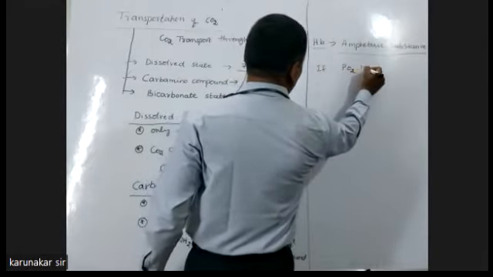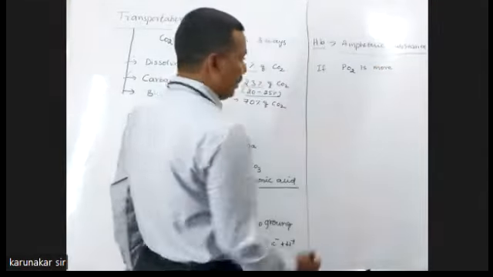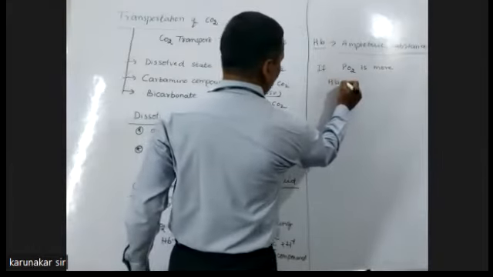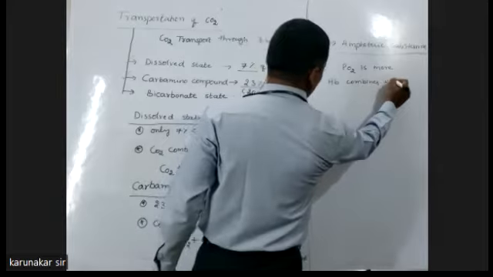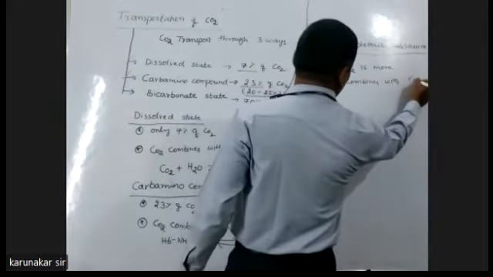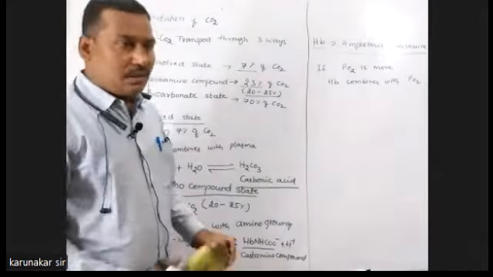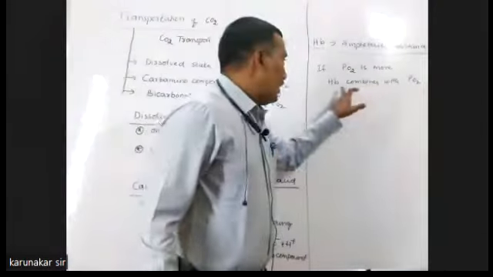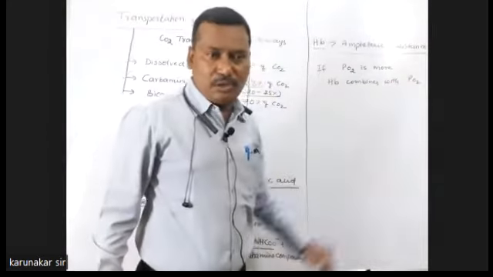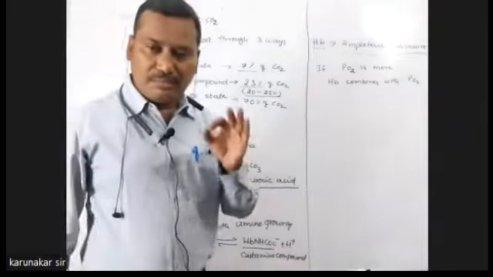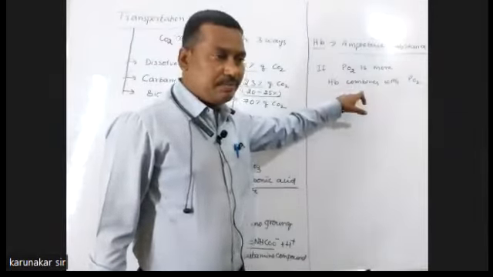If PO2 is more, hemoglobin combines with oxygen. When the hemoglobin combines with oxygen, oxyhemoglobin develops.